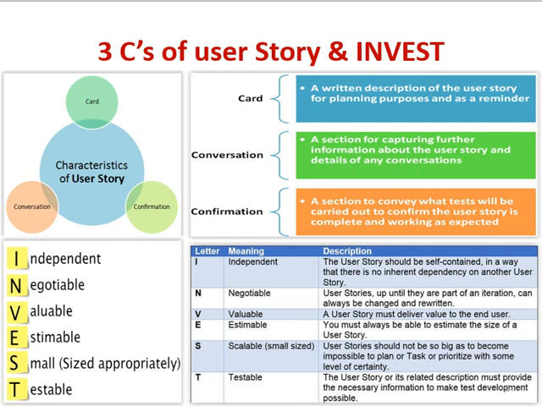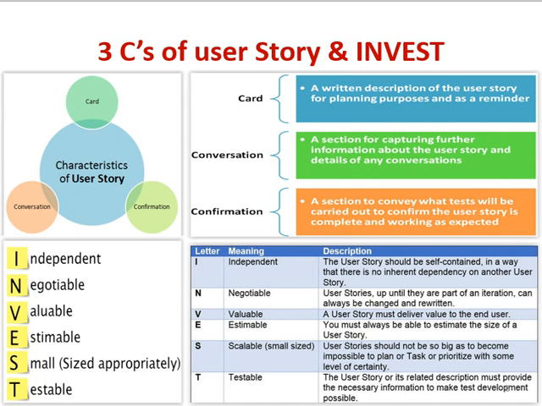N stands for negotiable. User stories, until they are part of an iteration, can always be changed and rewritten. They are negotiable enough. It's not a hard-coded, fixed story. If this story has been plugged in, you don't necessarily have to work on it. You have the right to negotiate, because teams are self-motivated, self-managed, and skilled enough to negotiate.